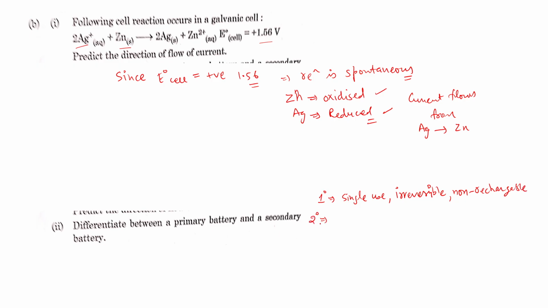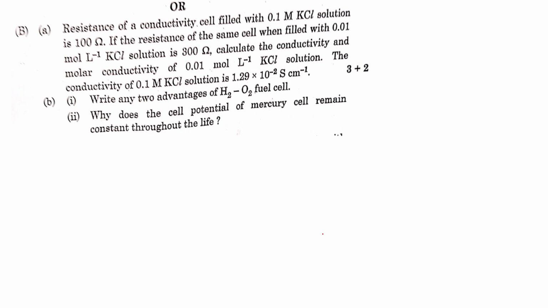Secondary cells are multiple use, meaning we can use them again and again. In this the reaction is reversible, like we have in mobile phones and lead batteries. So discharging, then charging, then discharging, then charging, and these are rechargeable. That is the basic difference between primary and secondary cell.